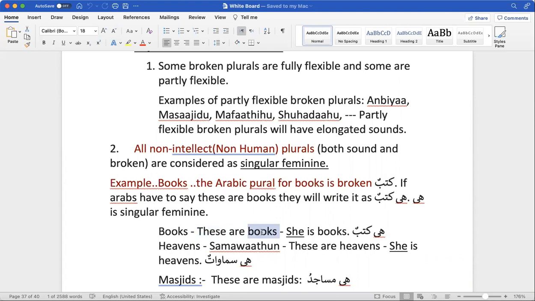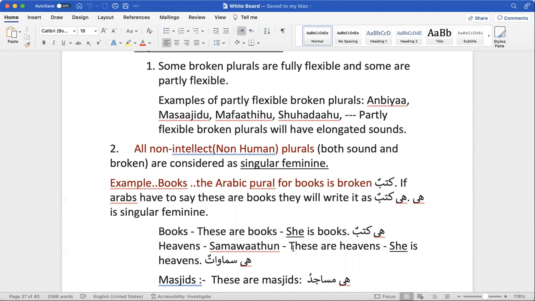We would not say, she are a books, that is wrong. But in Arabic, if you have a non-human plural, broken or normal, they always consider it as singular feminine.